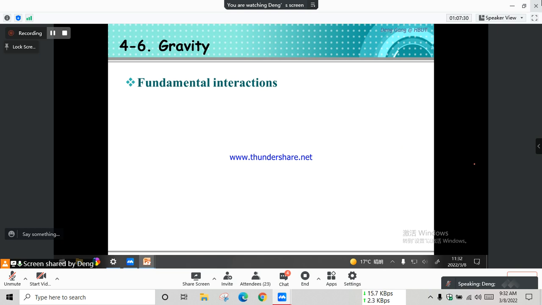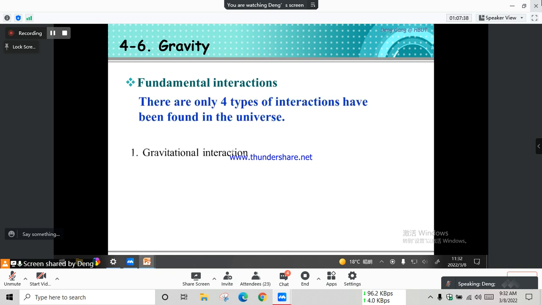But in physics, we have only 4 types of interaction. Only 4 types of interaction have been found in the universe.